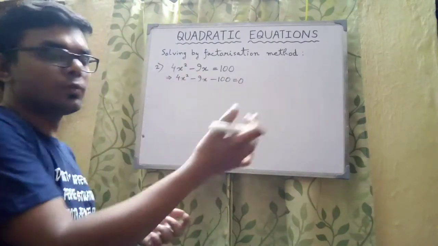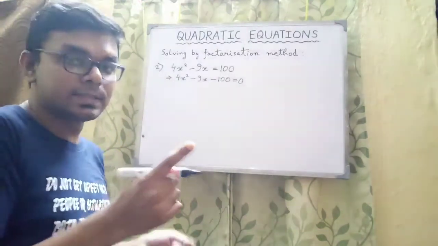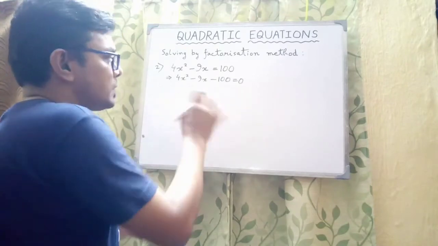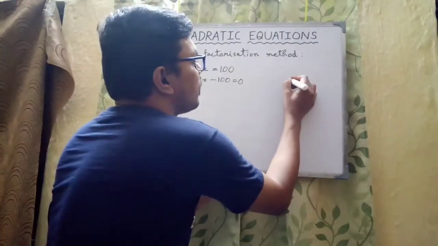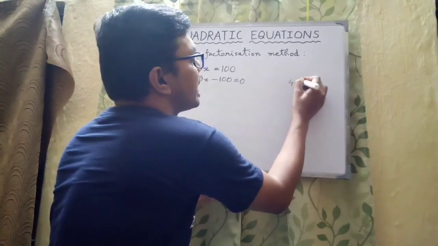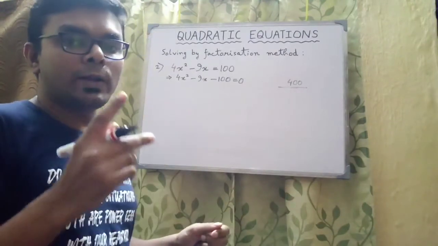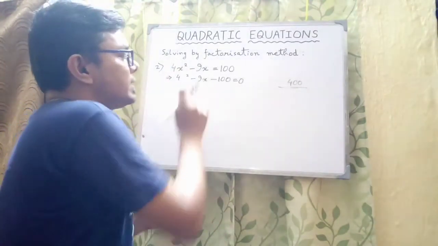Now again the same thing we have to do. We have to multiply 4 and 100, a and c, though the value of c is minus 100, but we will just ignore the sign to make it simpler. 4 into 100 is 400. So we have to break 400 in such a way that we find two factors of 400, either by adding or subtracting we get 9.